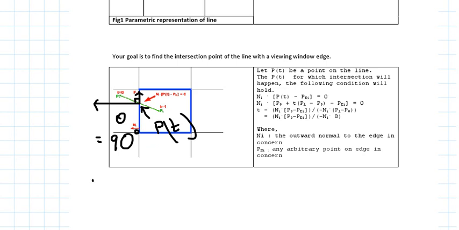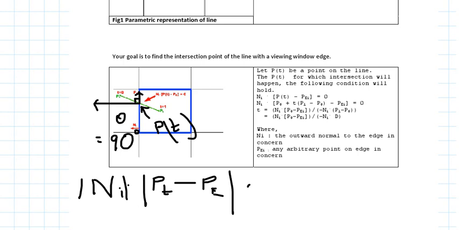So now what is going to be the value of the dot product? As the angle between these two vectors is 90 degrees, the value of the dot product is going to be actually 0, as the value of cos 90 is 0.